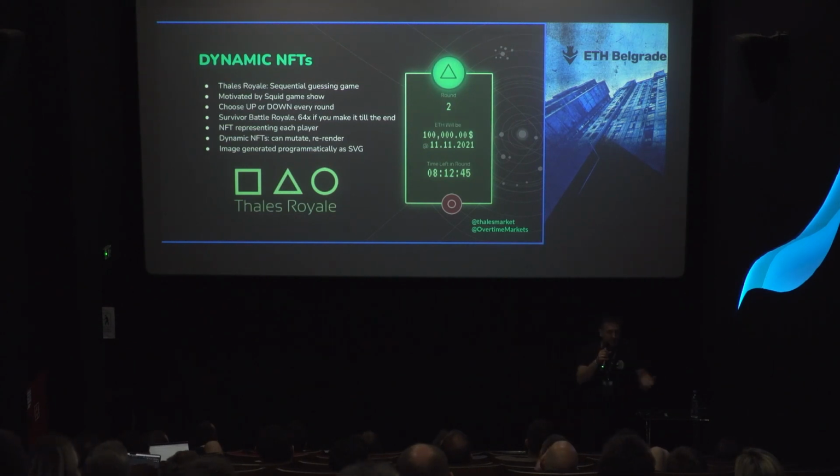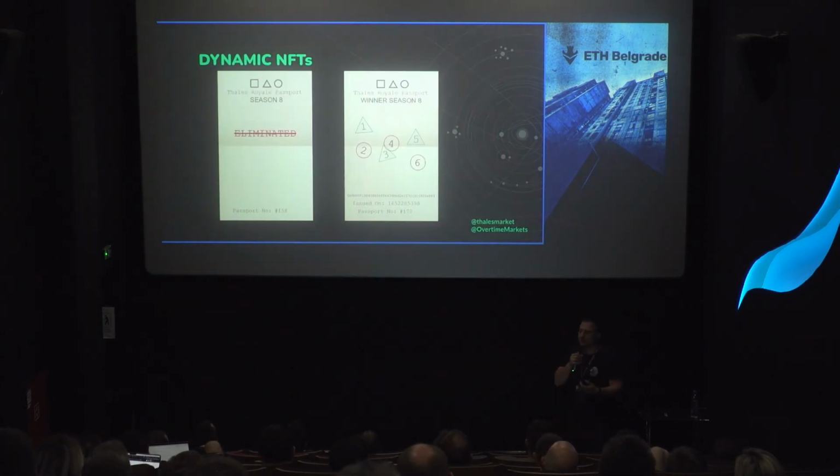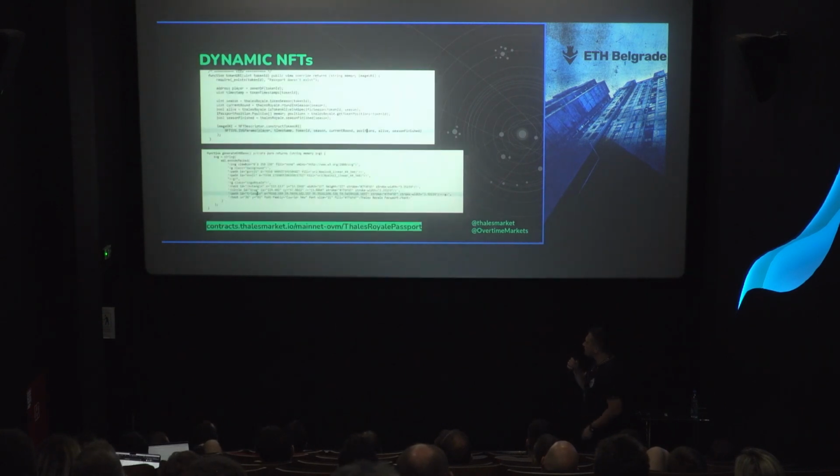I want to show you the code. My idea for the presentation was to have it a little bit technical. You can actually render NFTs on-chain with SVG code. Obviously, you probably don't want to do this on L1 due to gas prices, but you can do it on L2, maybe on L3.